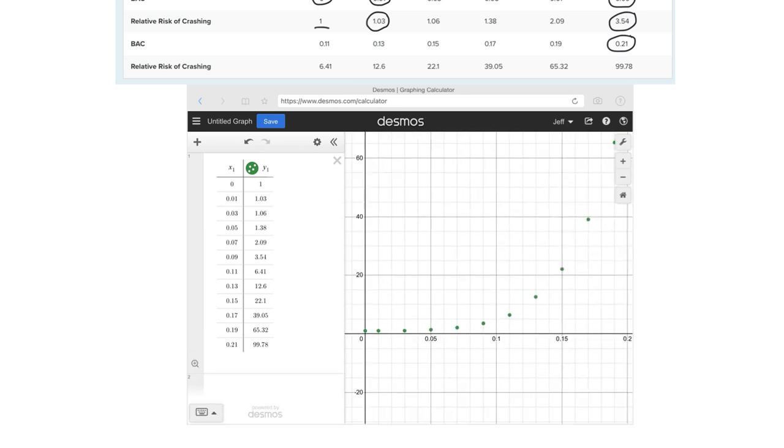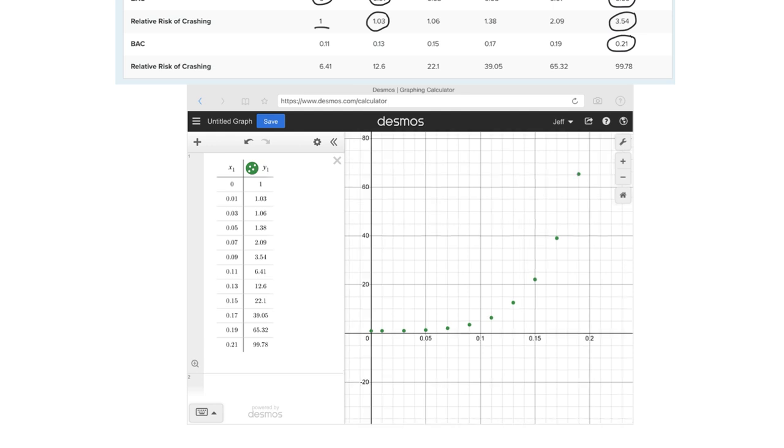And I look at it, and it doesn't look like a linear function, doesn't really look much like a quadratic function, maybe half of a quadratic. But it does look like an exponential function. The more you drink, the more likely you are to crash. There's probably a point where the exponential function ceases to be exponential.